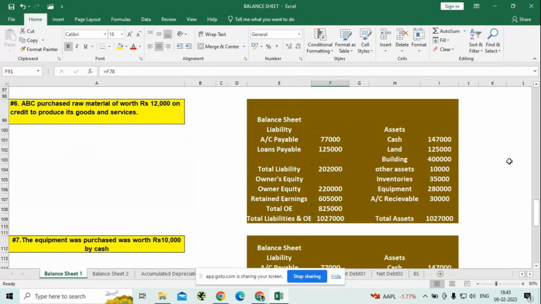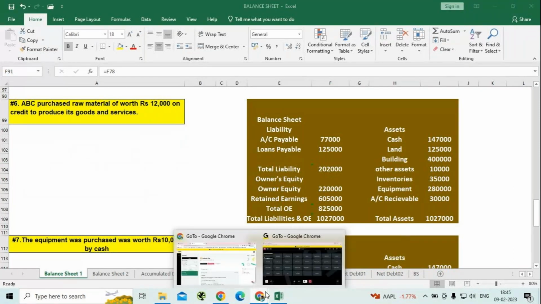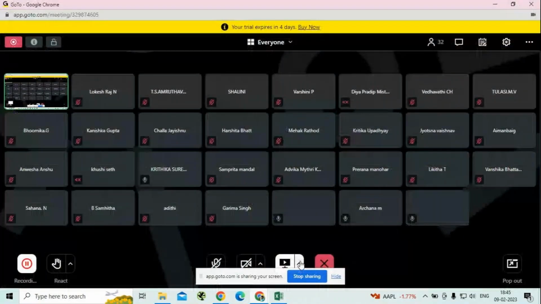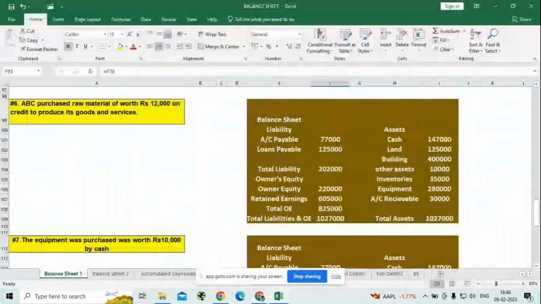Sir, inventories will increase by 12,000 and accounts payable will also increase by 12,000. Can you repeat it, ma? Sir, inventories will increase by 12,000 and accounts payable will also increase by 12,000. Very good.